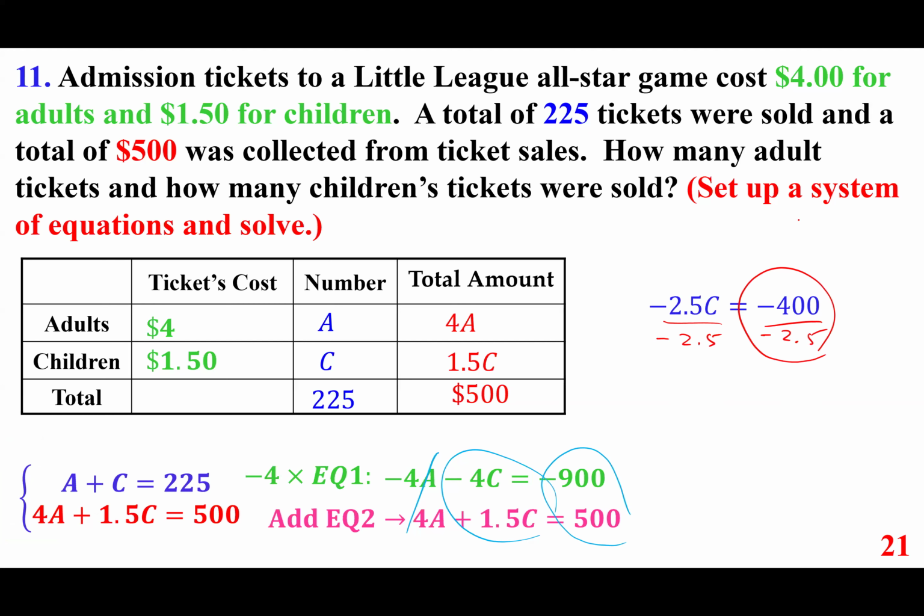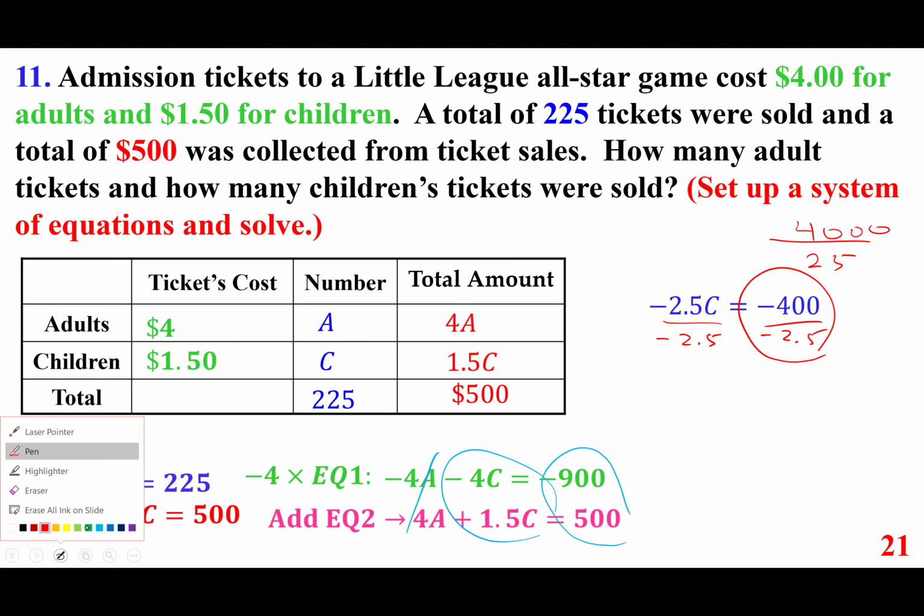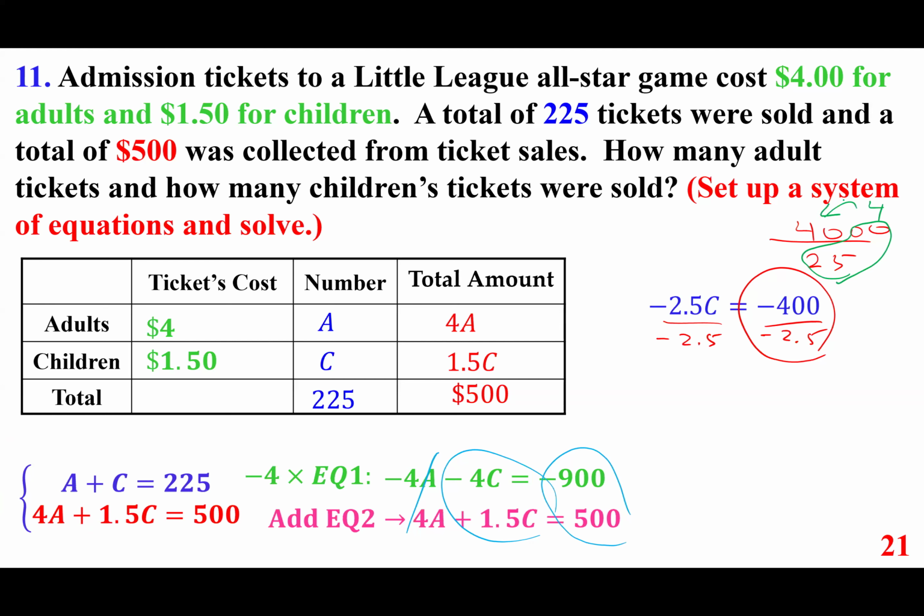Going to divide. This is the same as the first; make both of them positive, and then 2.5 becomes 25 and add a 0. So 4,000 divided by 25. And again, one easy way, I hope you recognize this one. 2 zeros correspond to 100 divided by 25 is 4 times 40 makes it 160.